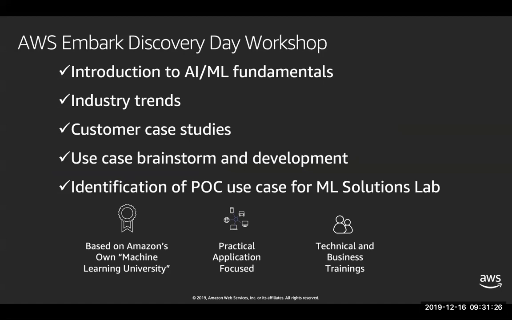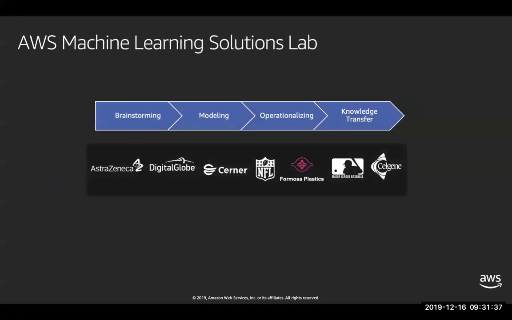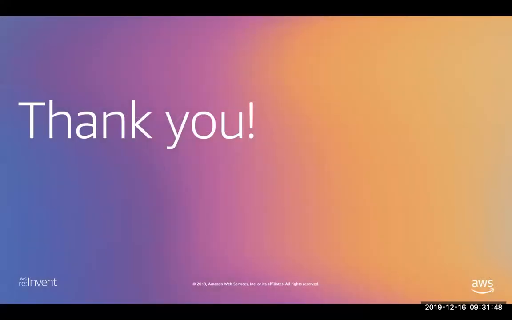You could do a workshop to help identify POC use cases, and then work with the ML Solutions Lab, which I believe is based here in, I think it's Palo Alto. Essentially you're brainstorming, modeling, operationalizing, and then transferring the knowledge. So these are some of the folks like Major League Baseball, NFL, Cerner that have taken advantage of this service.